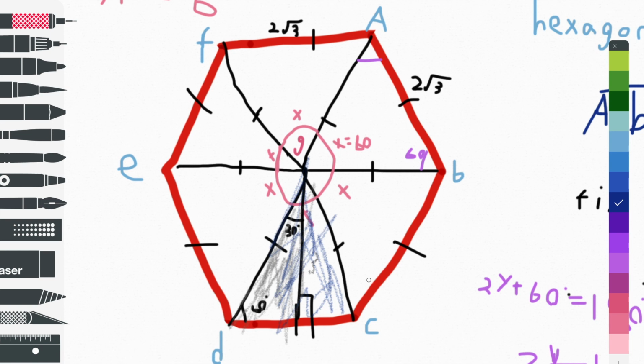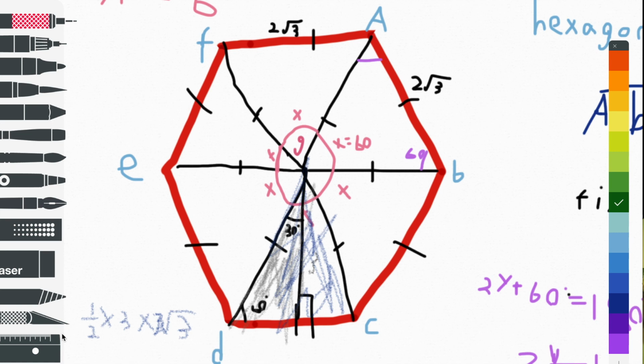So let's do it. 1/2 the base times the height. So 1/2 times 2 square roots of 3 times 3. So that's the equation we have to solve, and then of course we have to multiply by 6. The 1/2 here and the 2 here cancel out. So we're left with 3 times the square root of 3.